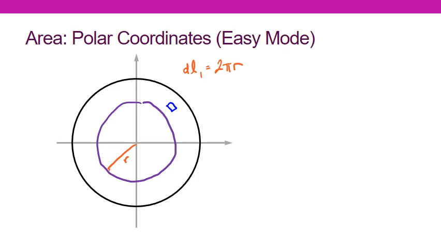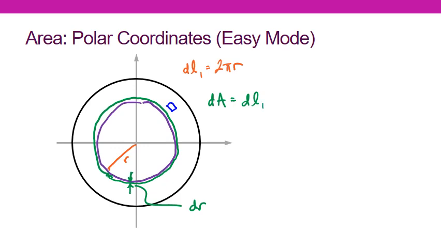And now, if I give it some thickness, a little differential piece of thickness all the way around, so that the thickness of my line is now some dr, then I can get my differential area as my differential length times my thickness, or in other words, 2 pi r dr. And you can already see what's happened.